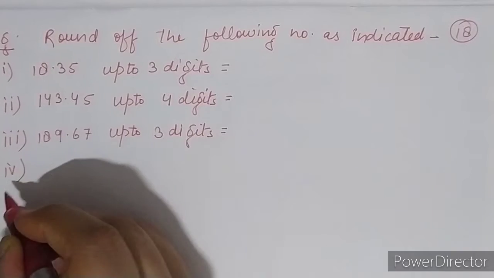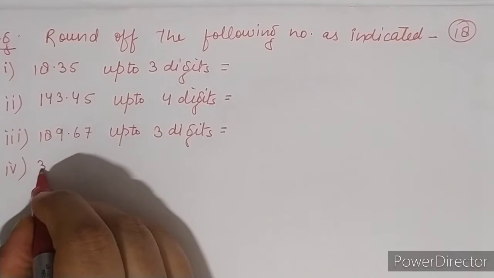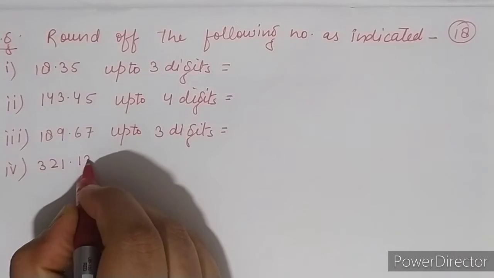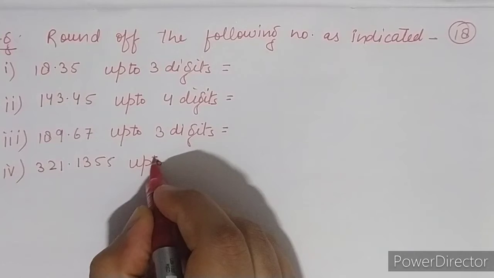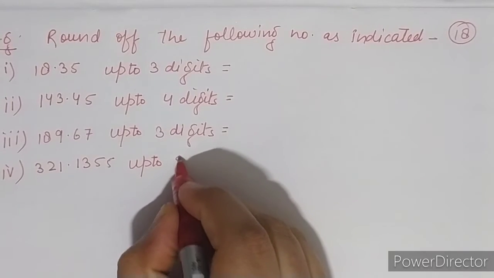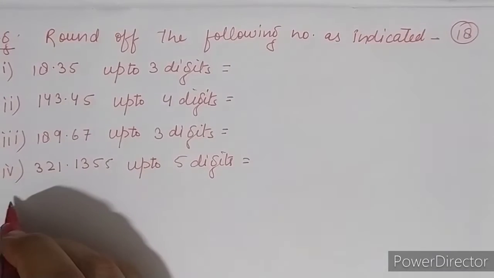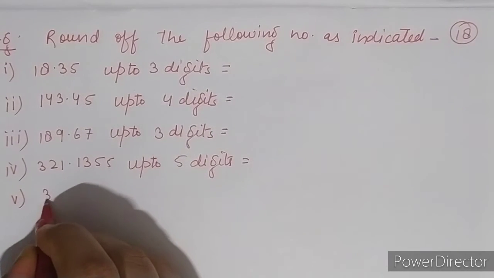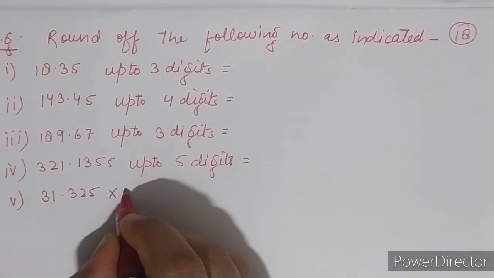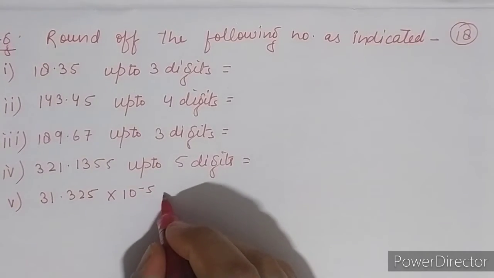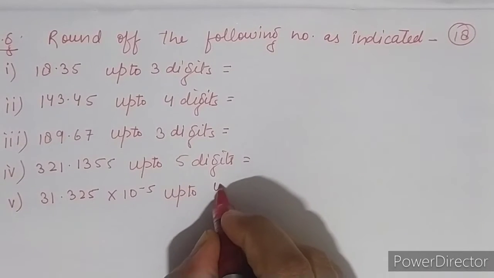Fourth one is 321.1355, and you have to round it off up to 5 digits. Fifth, 31.325 into 10 to the power minus 5, and you have to round it off up to 4 digits.